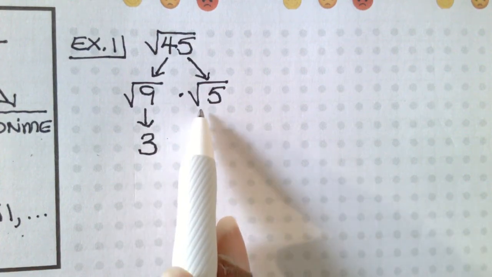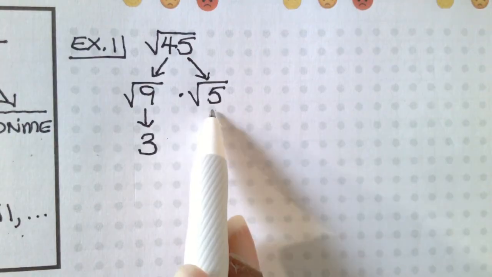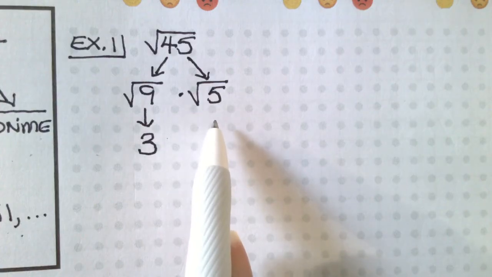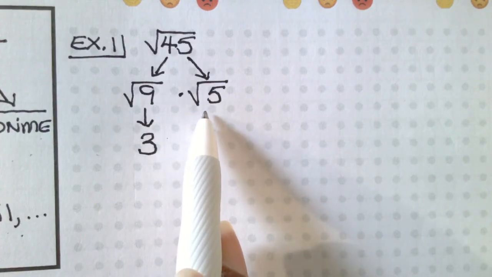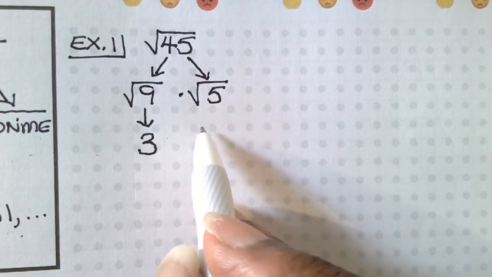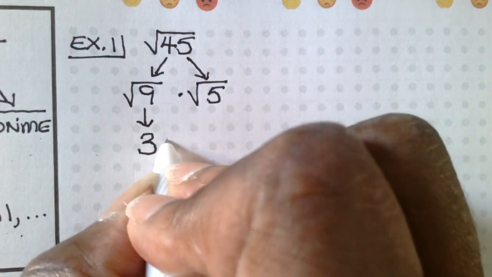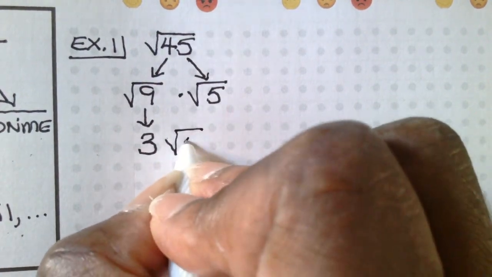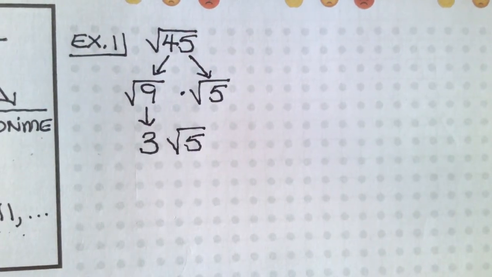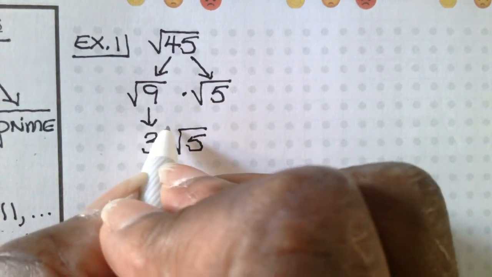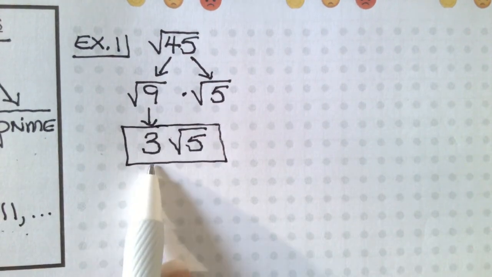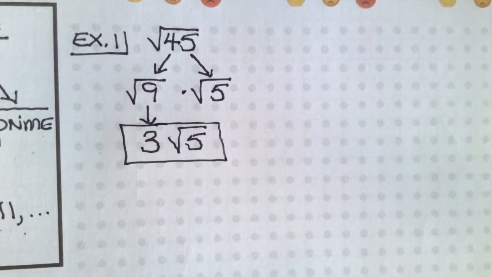Now, the square root of 5 cannot be broken down because it's a prime number. So when we take a look at the square root of 5, if we can't break it down, we simply bring it down. So when we do this, we have our answer of 3 square root of 5.